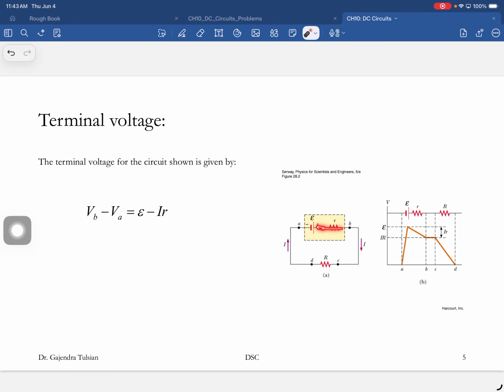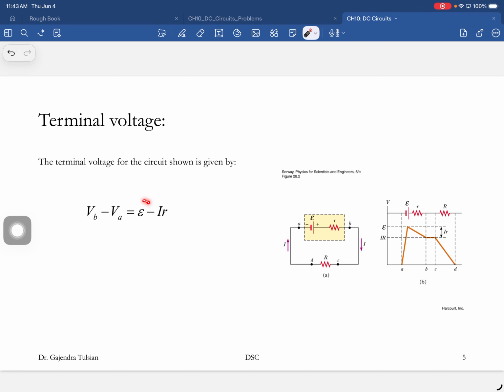But anyway, here's the current, and it turns out, okay, so what you see is the outside voltage, that's where you're connecting your lamp or whatever. The voltage you see here is the maximum voltage that the battery can provide, called the EMF of the battery, minus the current times the internal resistance.